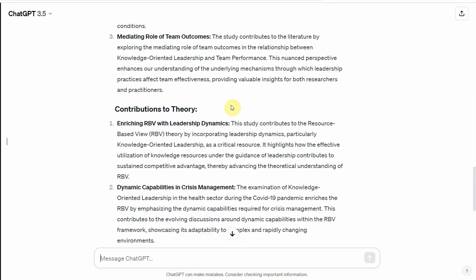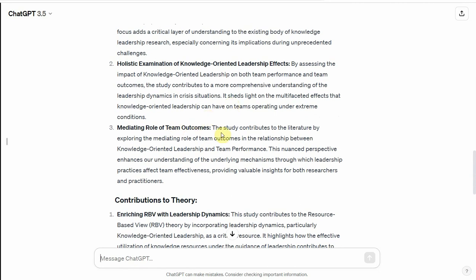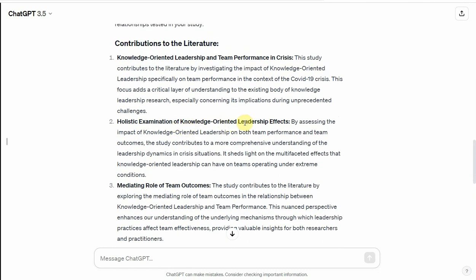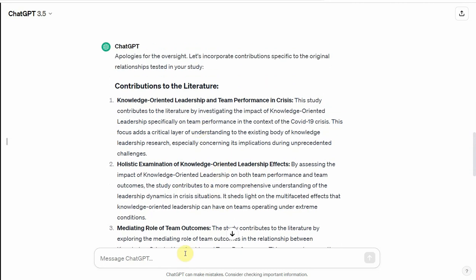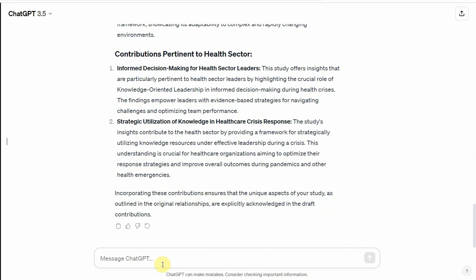Now let's see. Again, this is mediating mechanism. Now this is team outcomes. Now, obviously it's much more detailed.